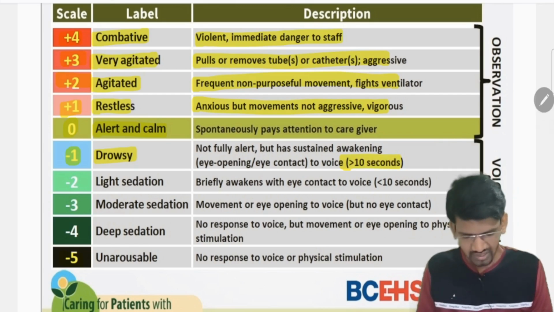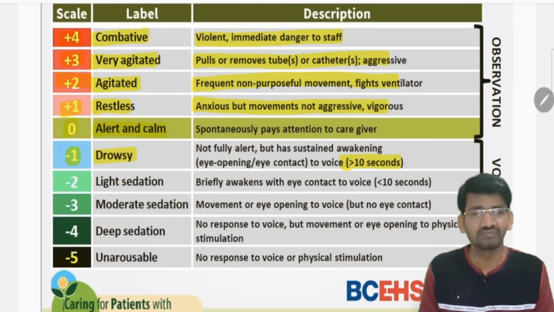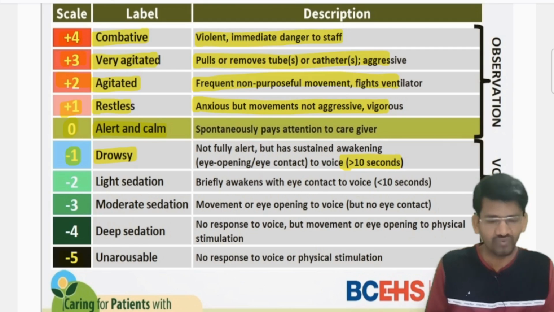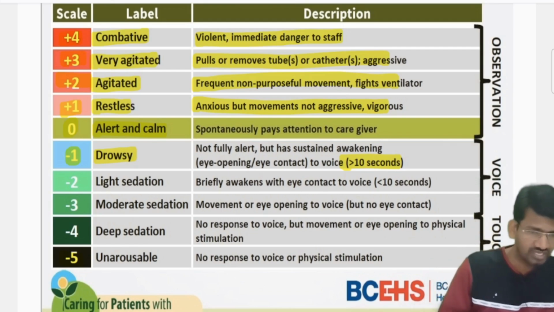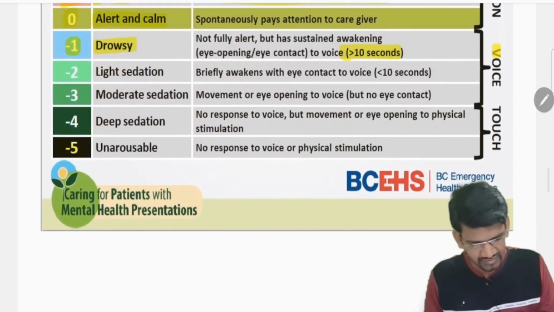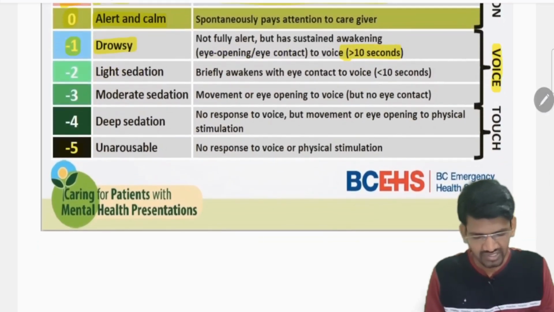Then it is drowsy. The patient can be woken up by your voice command. Here we give the voice. In the picture we can see this is touch, and this is voice. With the voice we assess this sedation level.